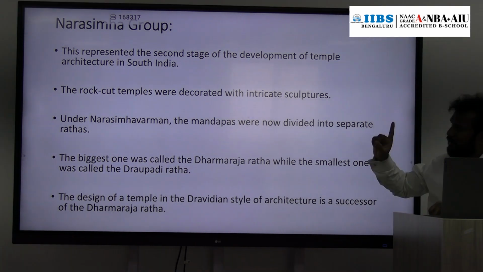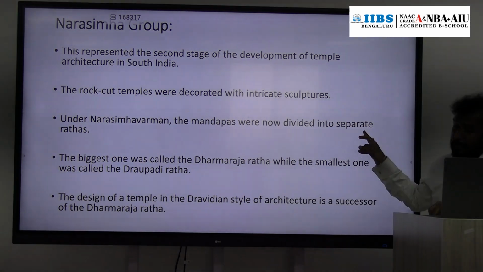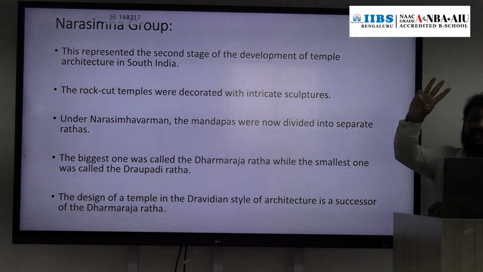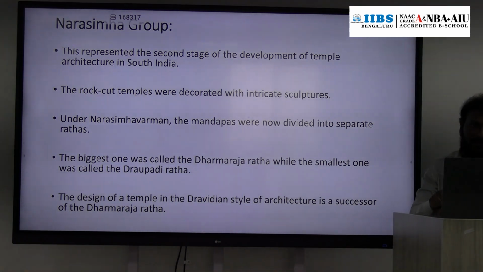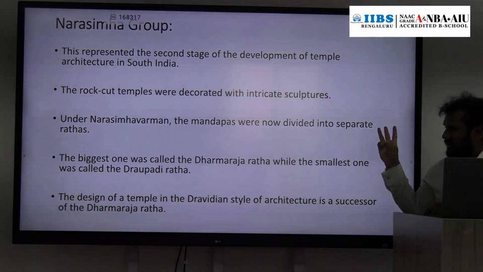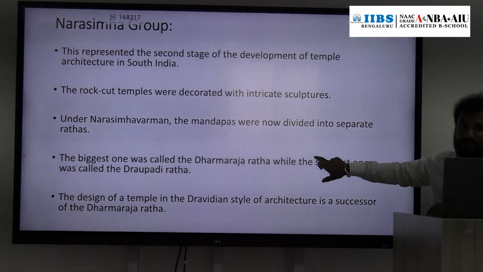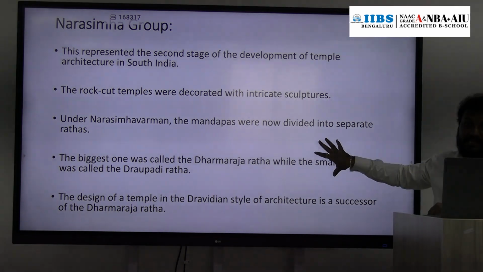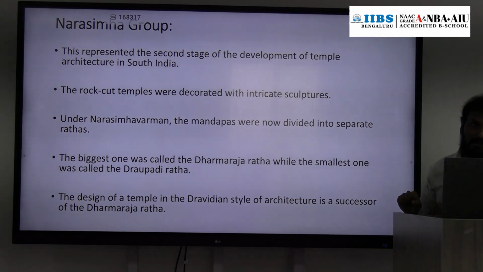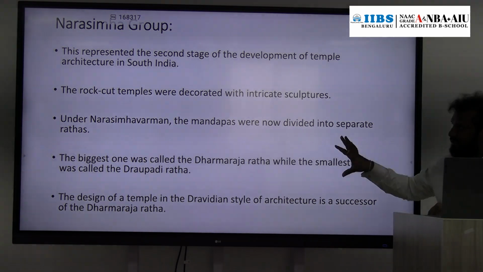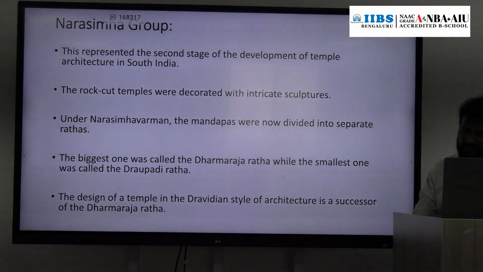Now also during Narasimhavarman, mandapas were temples, but mandapas were divided into three rathas or different rathas. Remember, this stage is very important because this is the basis for the Dravidian style of architecture. During his time only, those mandapas were divided into rathas.